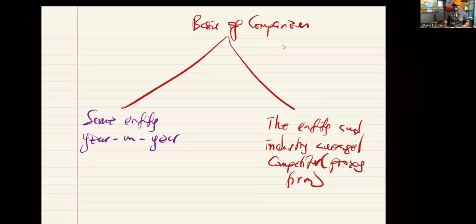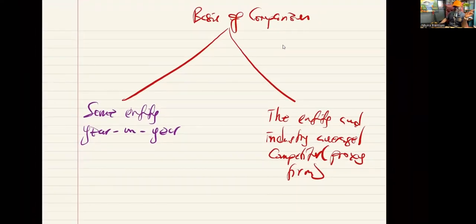So these are the two bases of comparison we can have in the exam hall. Either it is the same entity year on year, in other words, you are comparing maybe 20x5 to 20x6, or it is the entity with industry average or another company.